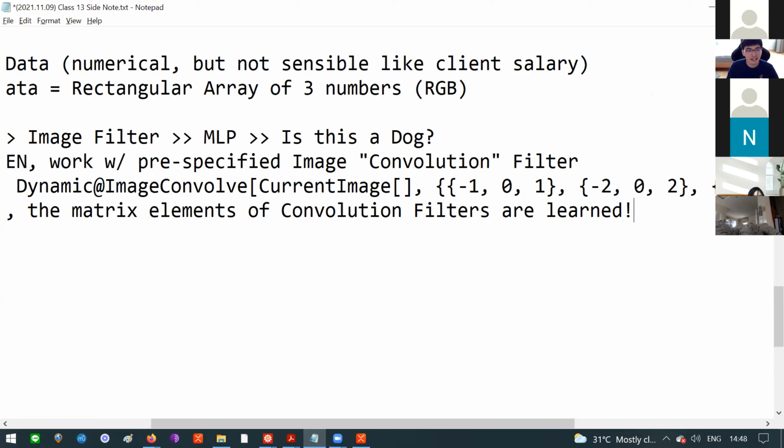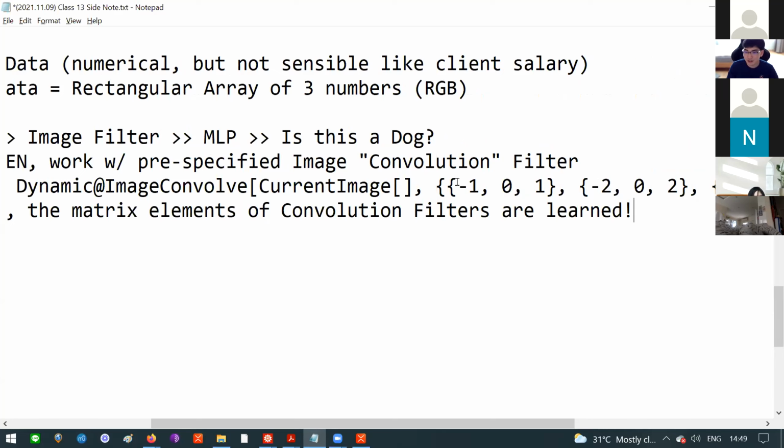That is it. That is the most important thing that has underlined all the breakthroughs in AI technology in the past 10 years. Instead of using a pre-specified convolution, you remember the neural network, right? It has all the weights. Well, the weights are just numbers that are chosen by example.